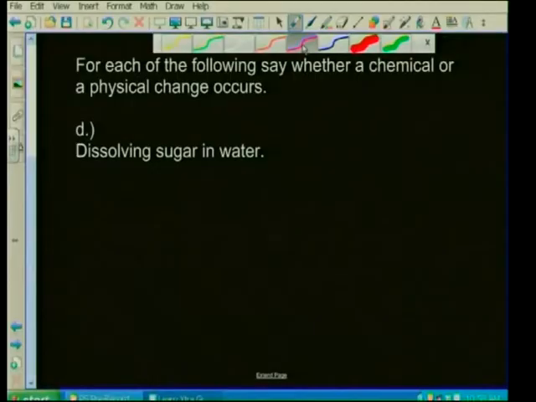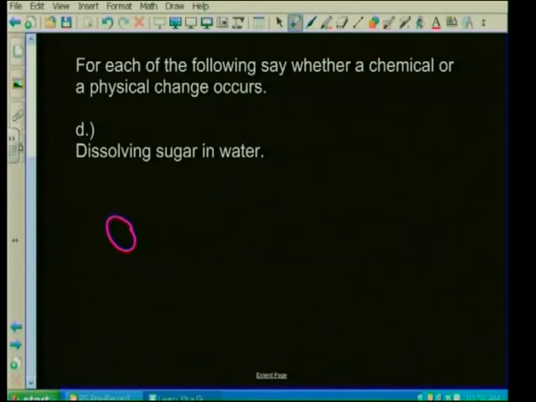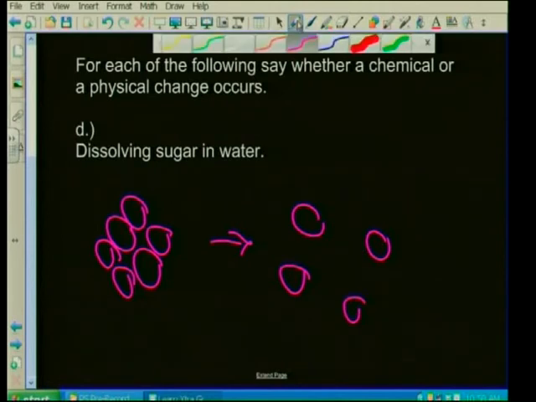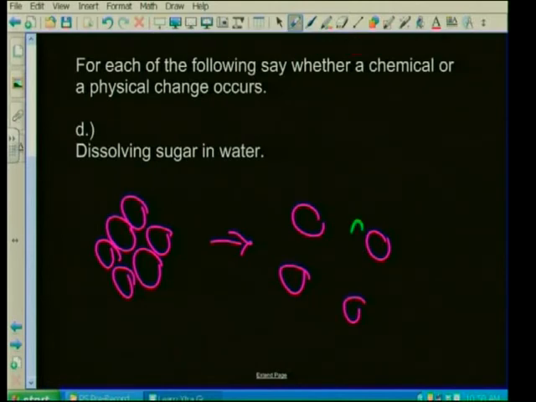So if we had to represent this on a microscopic level, we'd have sugar as a solid, and when it got into solution, we'd have something like that. They spread out, and in between these, they'd be surrounded by some water molecules. So they're the water molecules sitting around the sugar, and they're in solution.